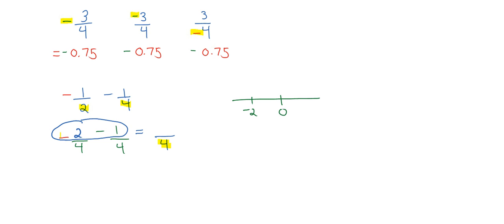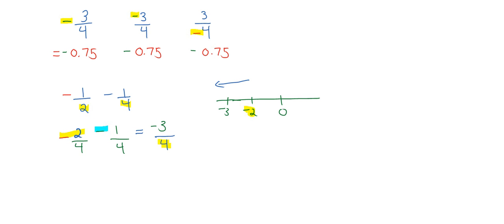If we have a minus sign here, that means we're moving towards the left-hand side. So I need to take minus 1 from minus 2, which gives me negative 3 on the number line. So this would be negative 3 over 4. That's how you would subtract negative fractions. Just remember, when you're dealing with negative numbers, you need to move to the left-hand side of the number line.